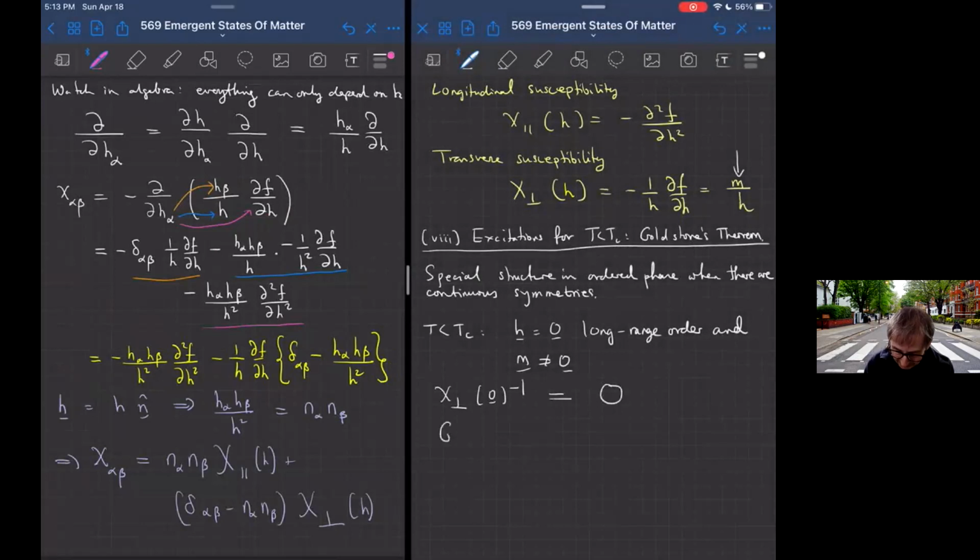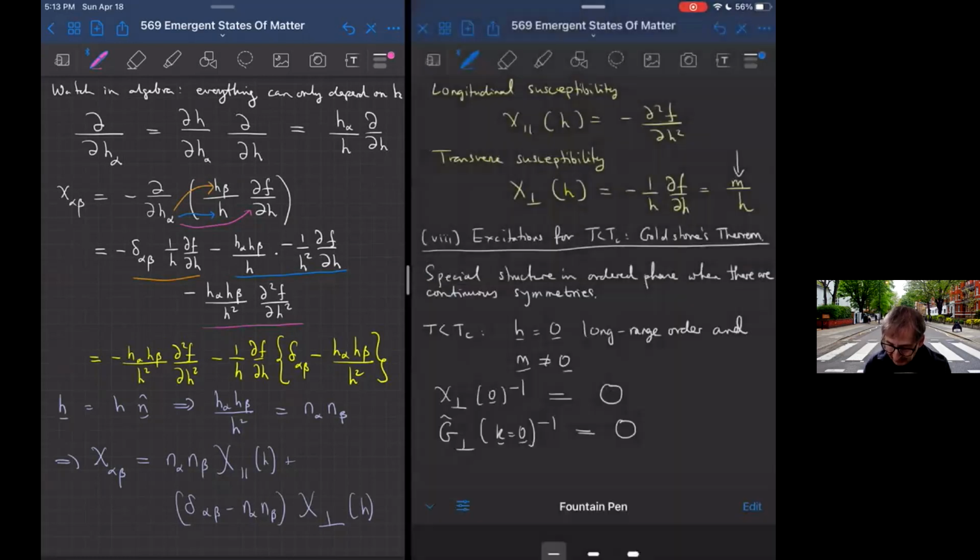And so that means that the transverse correlation function is equal to 0.